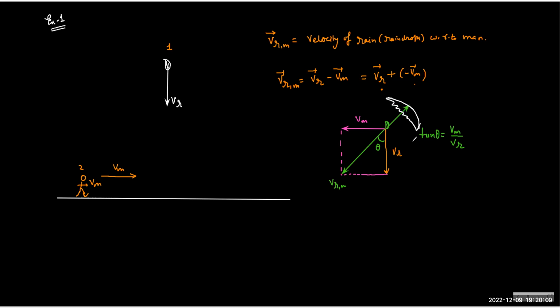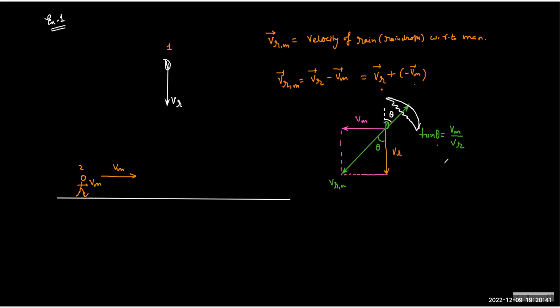Should we keep the umbrella like this? Yes or no? So the axis of the umbrella must be opposing the raindrop coming towards you. Do you realize this? Yes, sir. And the angle from the vertical will be the same as what we got here. So this is a typical question that you will come across, that find the orientation of the umbrella that we must hold to prevent ourselves.